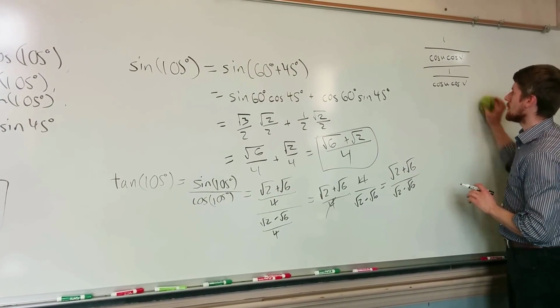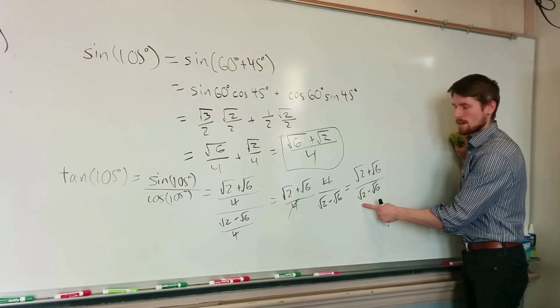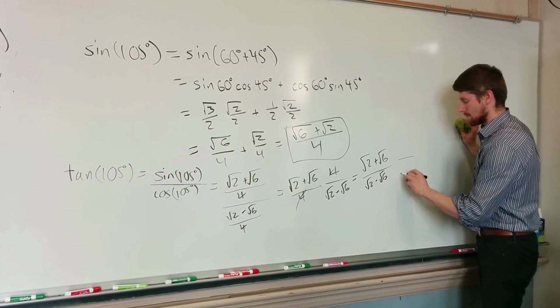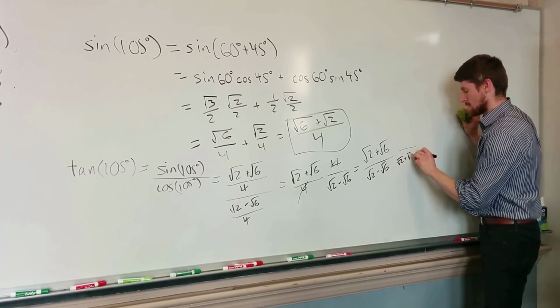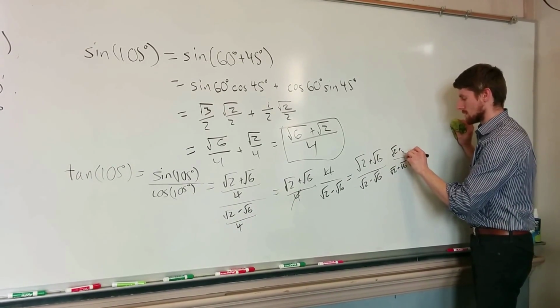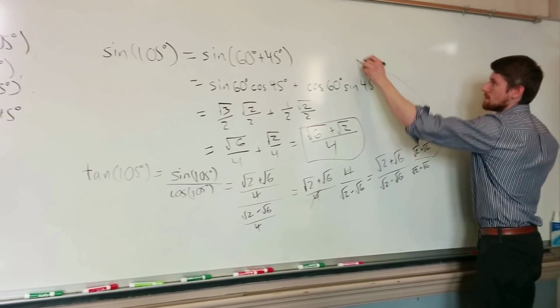Well, if you recall, a squared minus b squared, I want to square both of these. So I need to multiply this by a plus b. So we multiply by root 2 plus root 6 over root 2 plus root 6. This is 1.